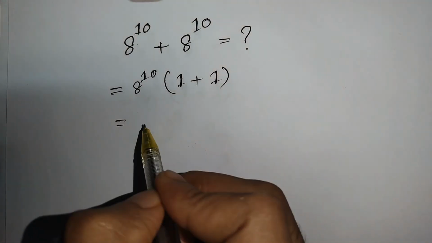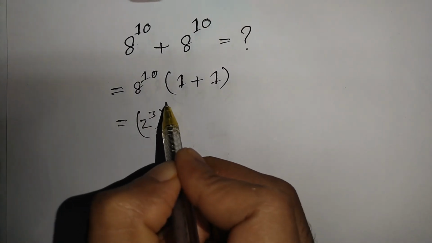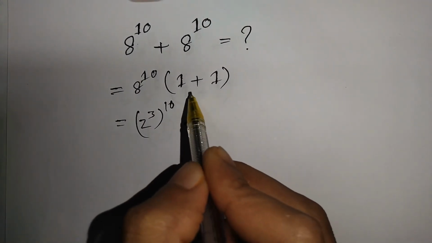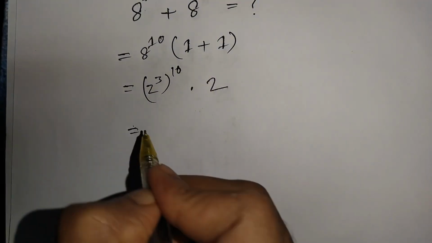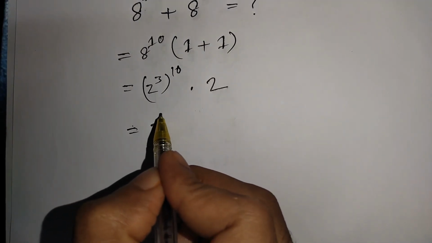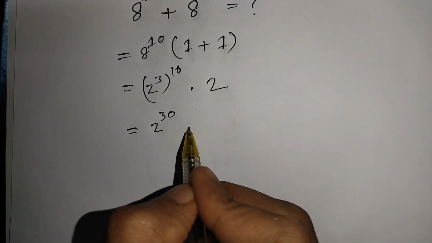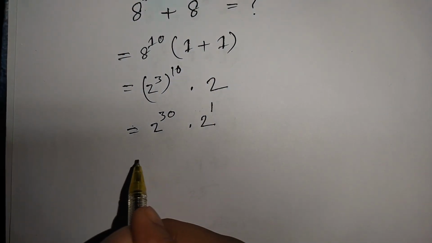So 8 to the power 10 is the same as 2 to the power 3, bracket 10, times 1 plus 1, that means 2. Then 2 to the power 3 times 10, that means 30, times 2 is the same as 2 to the power 1.